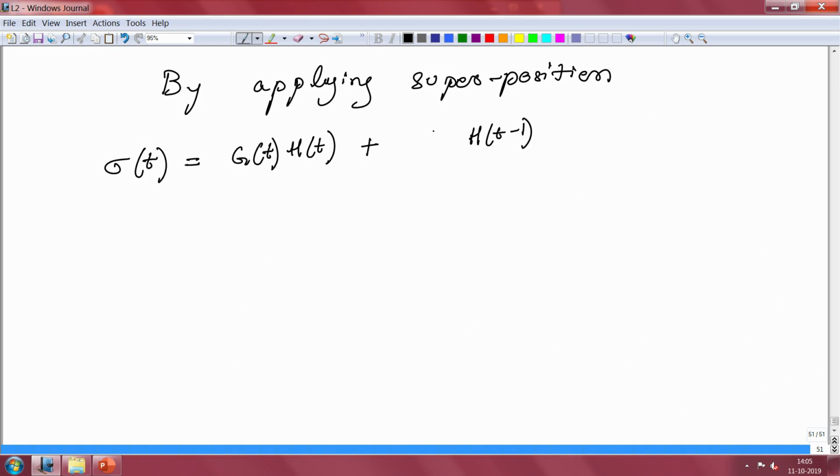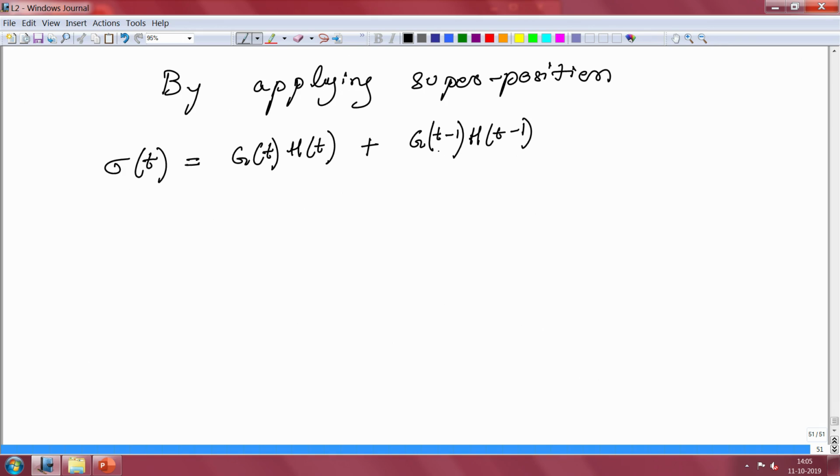So, we have to multiply some G t with this H t minus 1, but should we multiply G t, or it should be G t minus 1. See here, when you are giving your input at t minus 1, this function also has to be translated to t minus 1. Okay.